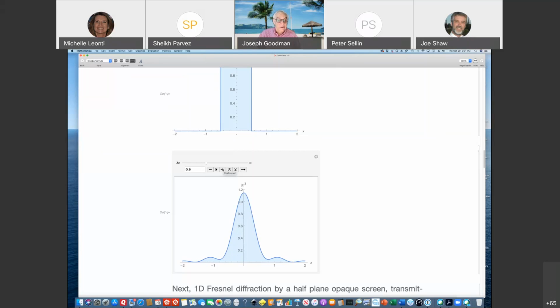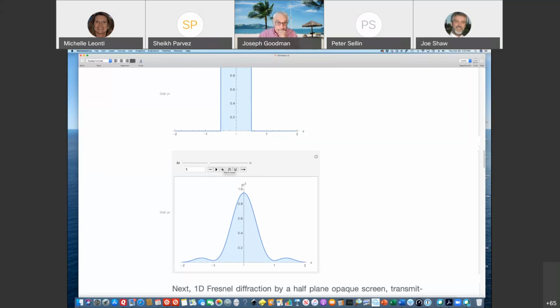Excuse me. And as you might expect, as the distance gets larger and larger, or the product of lambda and Z gets larger and larger, we are transitioning from Fresnel diffraction to Fraunhofer diffraction. And the diffraction pattern is looking more and more like sinc squared. Since the Fourier transform of the rectangle is a sinc function, the corresponding intensity is a sinc squared.